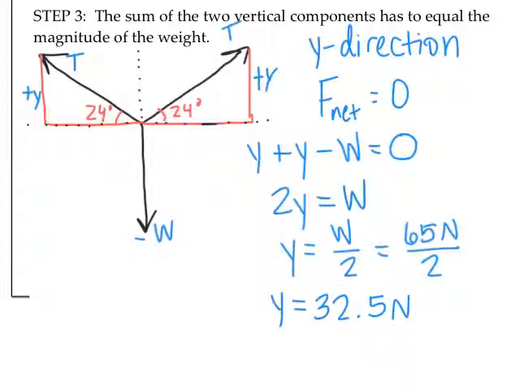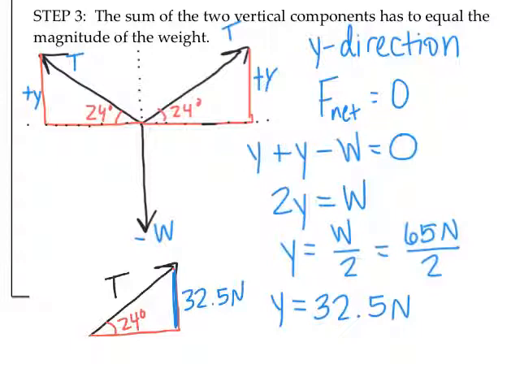So if I look closely at that triangle, let me go ahead and redraw my tension. We know that this angle is 24 degrees, and we've solved and figured out that this leg of the triangle is 32.5 newtons.